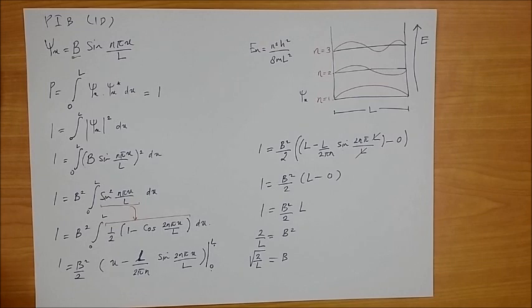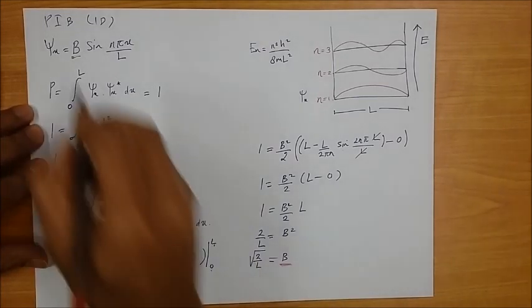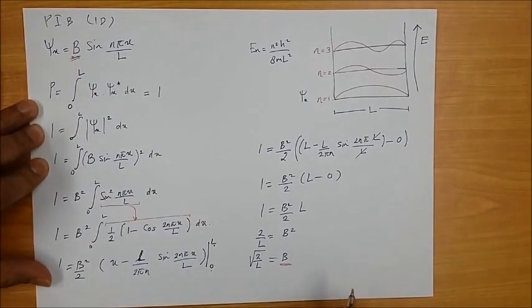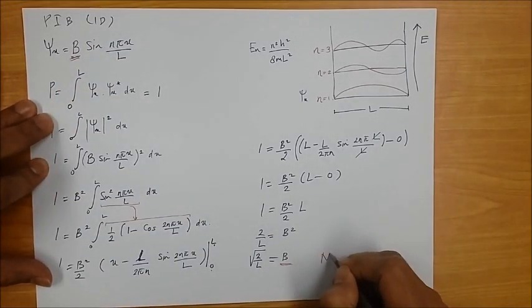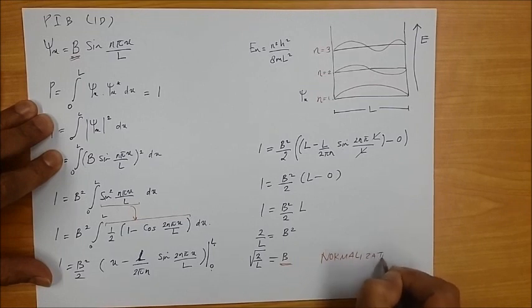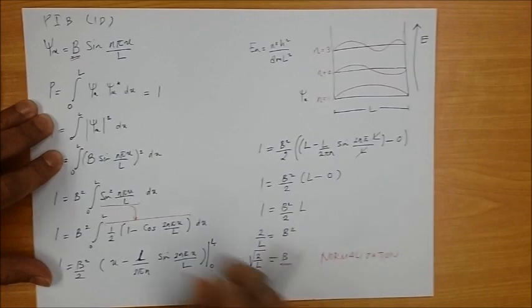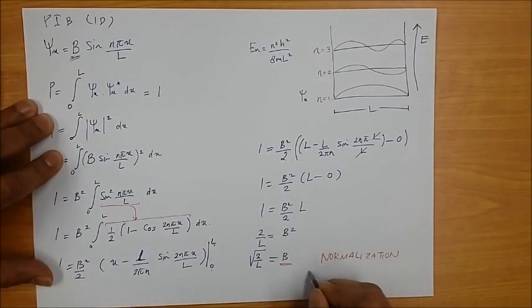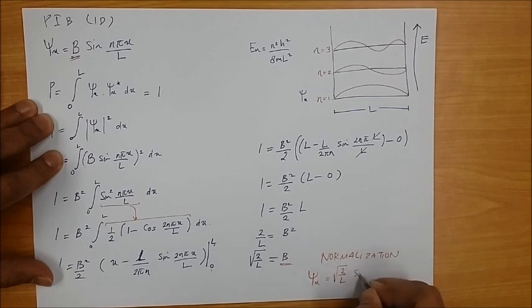Now this procedure of finding the value of B for our wave function is called the normalization process. And now we have a full description of our wave function, in which the wave function is the square root of 2 over L times sin(n pi x over L).